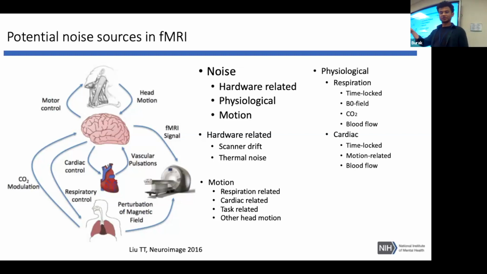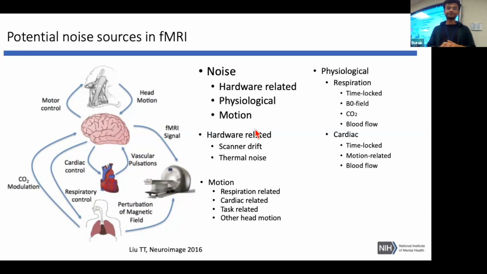Within the physiological, we also need to look at the motion too. But the main thing is that for respiration, there is time-locked activity: when you breathe in, oxygenation changes, the B0 field changes, the carbon dioxide and blood flow.